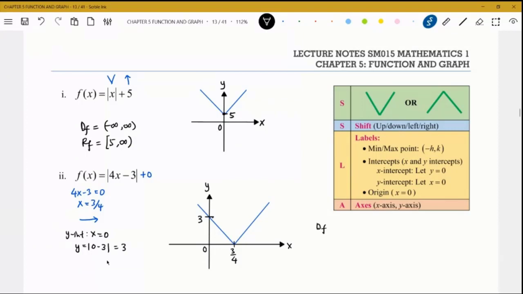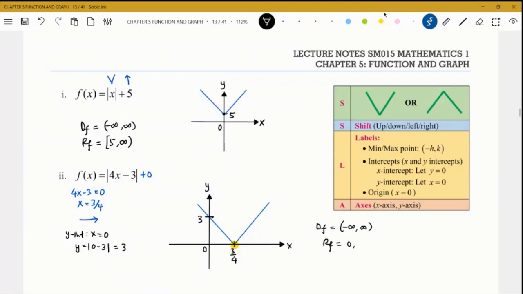Okay, domain. Since the graph can be expanded, so we can have negative infinity to positive infinity. The range, the lowest value for y apa? 0. So pada point ini, y kita adalah 0.